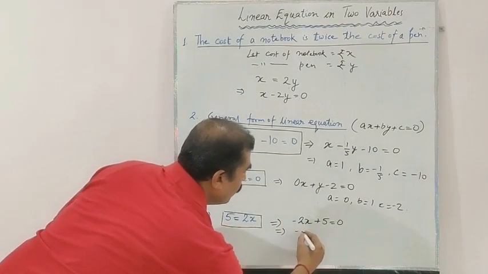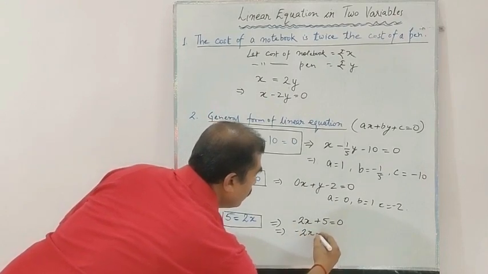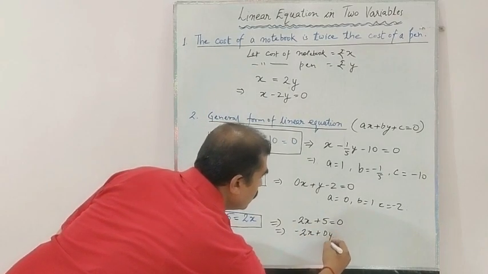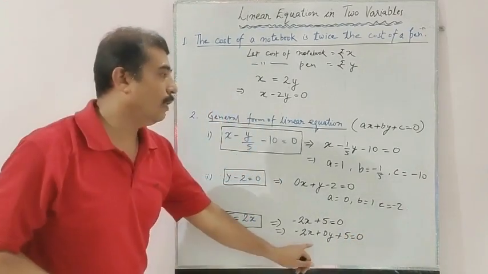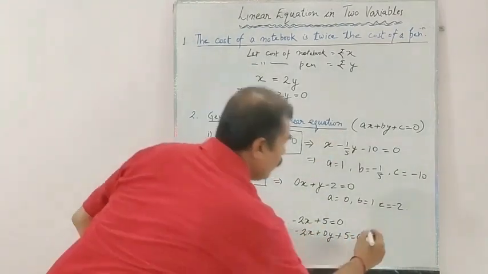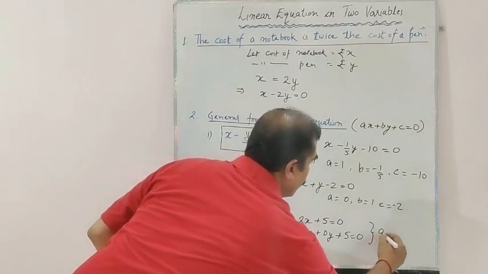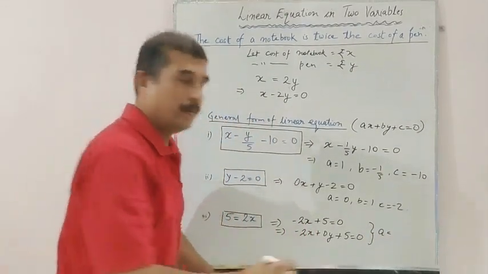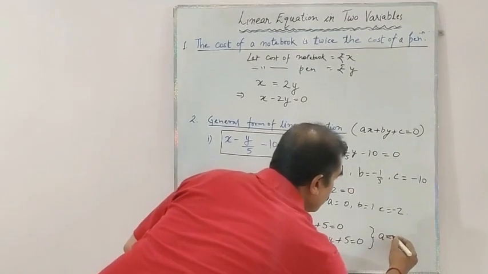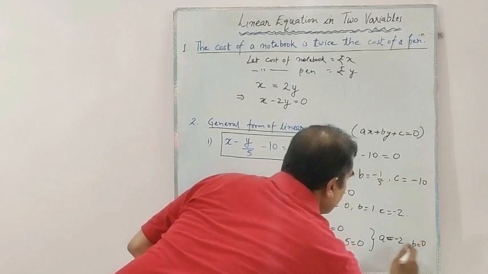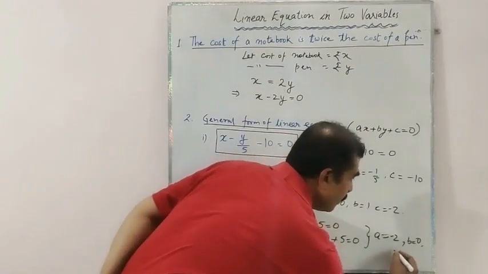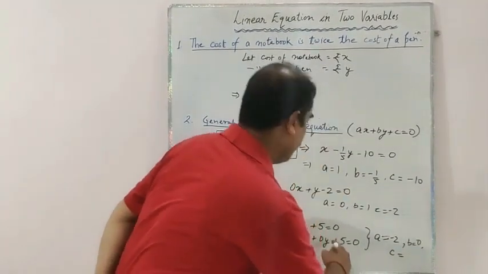So again, we'll write minus 2x plus 0y plus 5 is equal to 0. On comparison with the general form, value of a will be equal to minus 2, b is 0, and value of c will be 5.